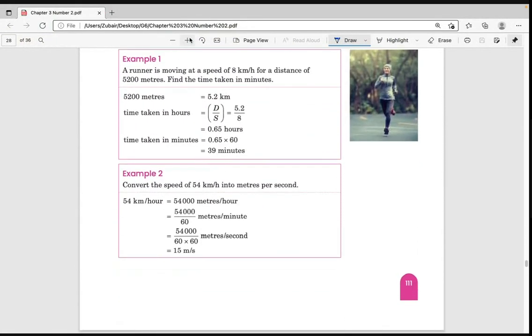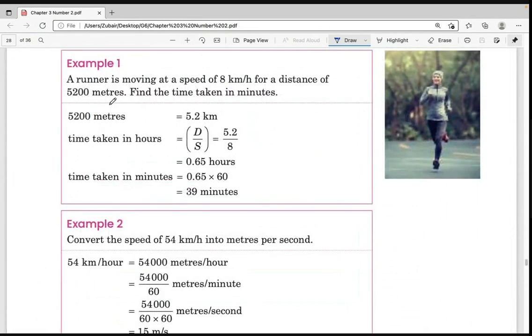First example, a runner is moving at a speed of 8 kilometers per hour for a distance of 5200 meters. Find the time taken in minutes. First of all, we need to have some compatible units. The speed is 8 kilometers an hour, and distance is given in meters.